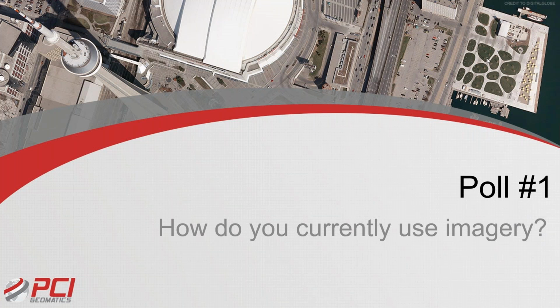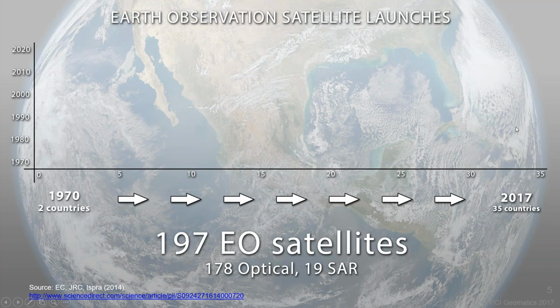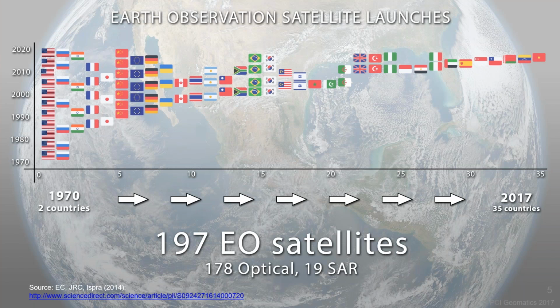One of the key things that we've noticed in our industry, I'm sure all of you here today are familiar with the remote sensing industry, is this great article put out by the European Commission and the JRC back in 2014, showing the frequency of satellite launches, and who were the first, second and third.